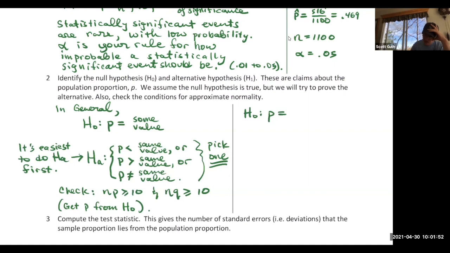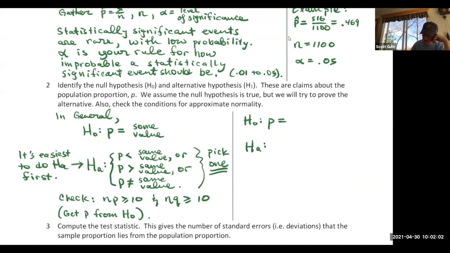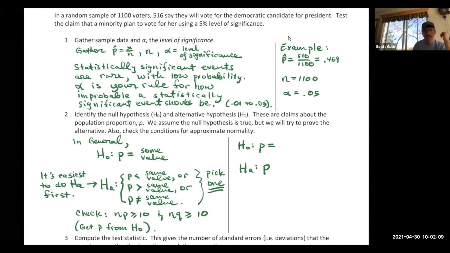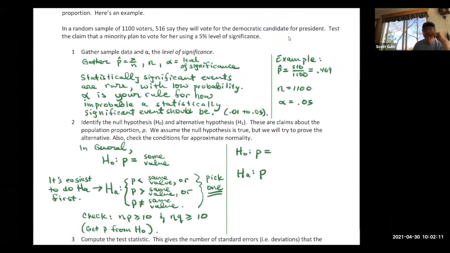And then HA will say p is less than, greater than, or not equal to that same value. Okay, so I'll put the p down here, but the next thing I have to do is choose less than, greater than, or not equal. Now, this is the claim you're trying to prove. If you look here, it tells you the claim. It says test the claim that a minority plan to vote for her. A minority is less than, greater than, or not equal to what value? Anybody?